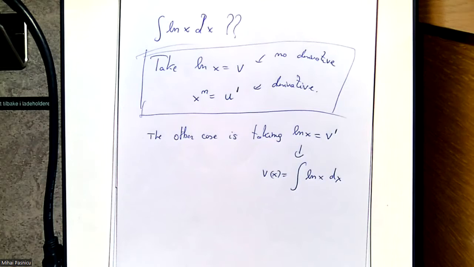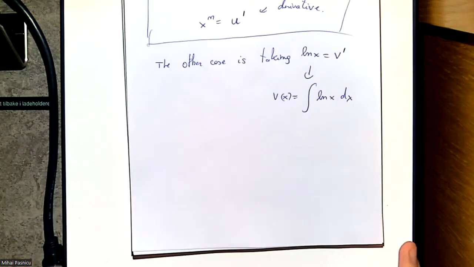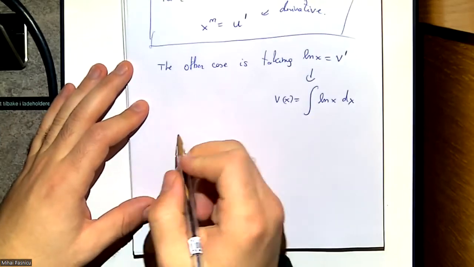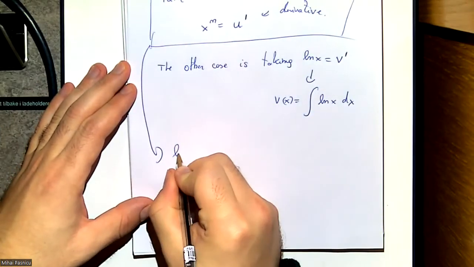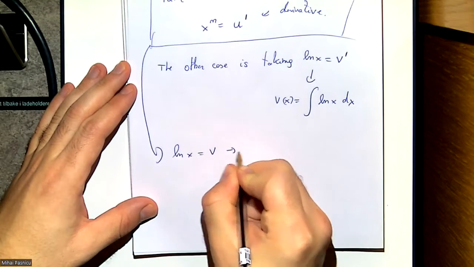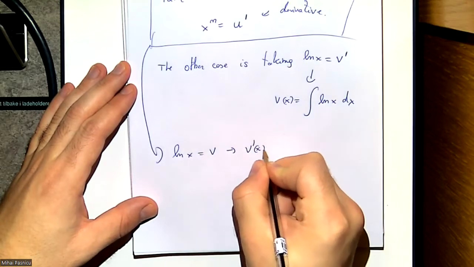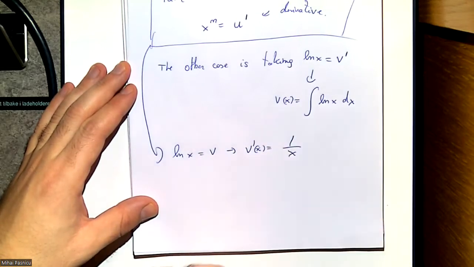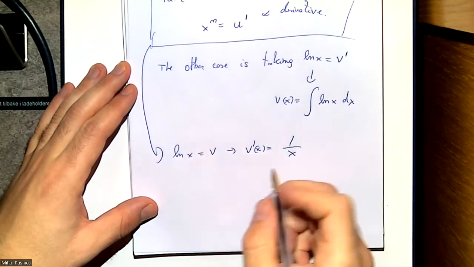Yeah, we can do it right now. So again, I said from here, take ln of x equals v, which means that v prime of x is 1 over x. It's just a derivative.